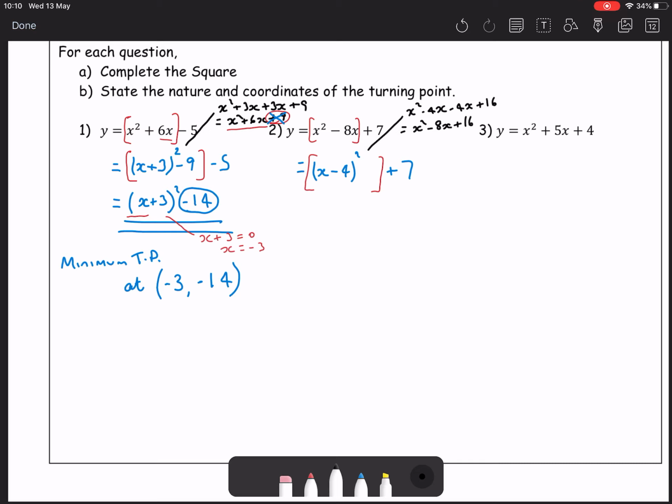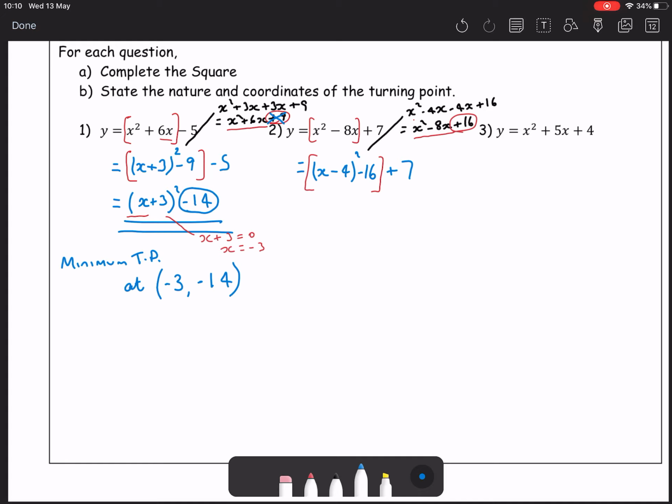So once again, our x squared minus 8x is very similar to our starting expression. What I have is an extra 16. So once again, I must take that off by taking my minus 4 and squaring it.